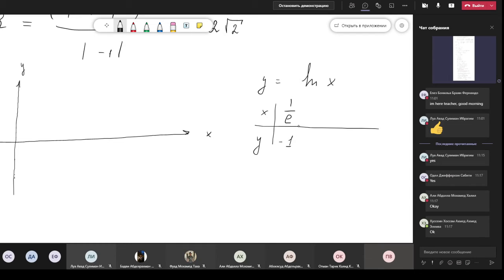E is approximately 2.7, 1 over e about 1 over 3.